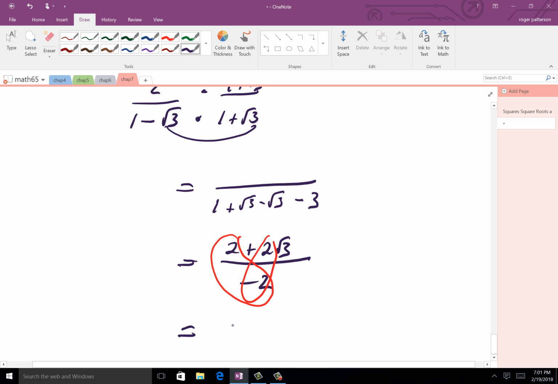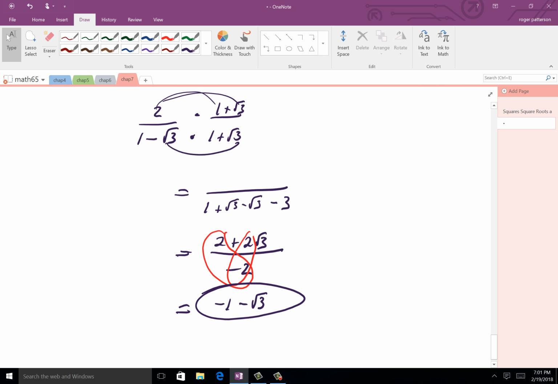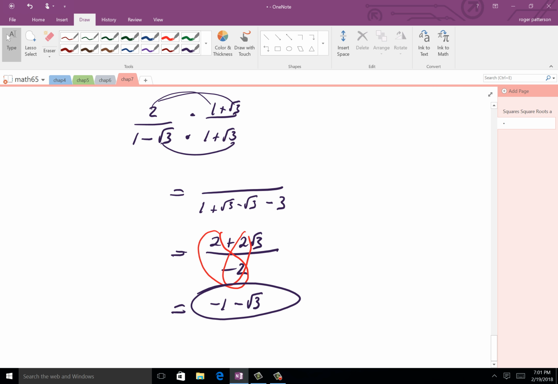So that's going to give me a negative 1 there, minus the square root of 3. So that's where we use the conjugate.